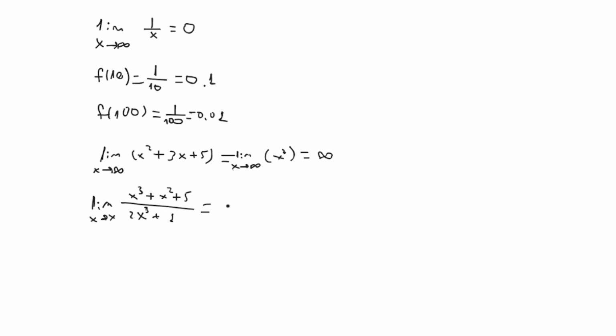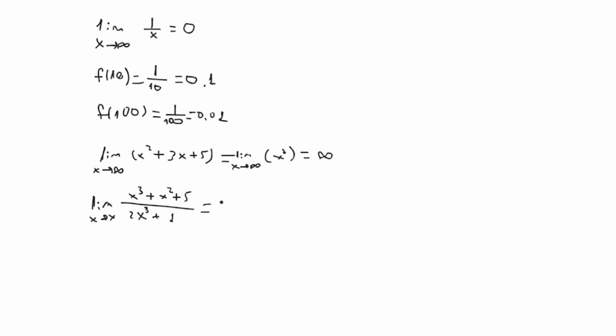What do we do in this case? As I said, the highest power of x dominates. So we take only the highest power of x from the numerator, and we do the same for the denominator, and then divide them.